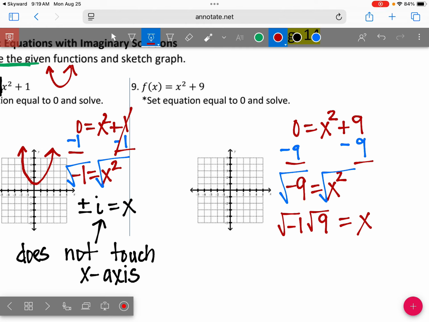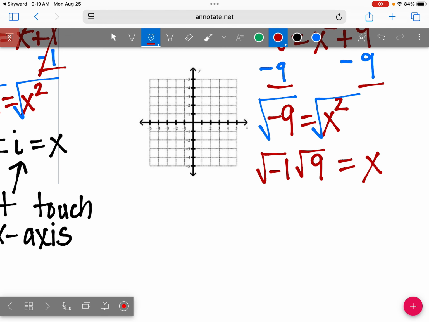You have to take the negative out. So that negative 9 really represents negative 1 times 9. So the square root of negative 1 is i. And the square root of 9 is what? 3. Put the plus or minus because we're solving it. That's my solutions, but it's imaginary.